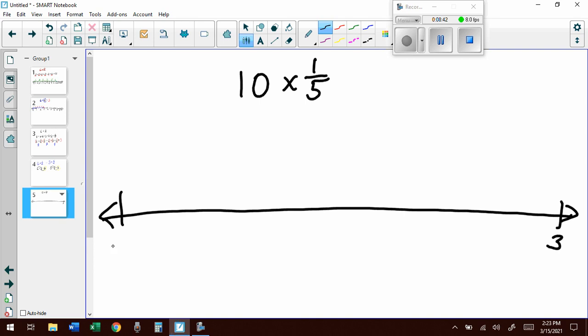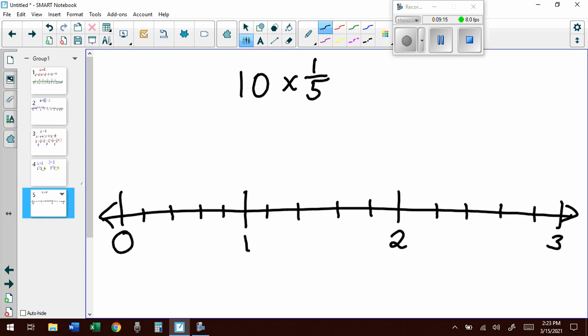I'm going to make this number line from 0 to 3. We need to partition each whole into fifths. 1, 2, 3, 4.